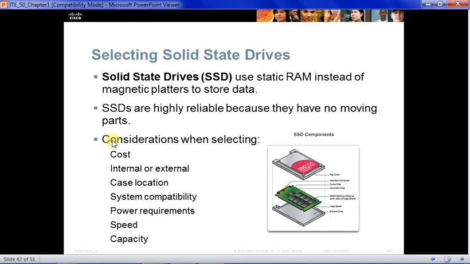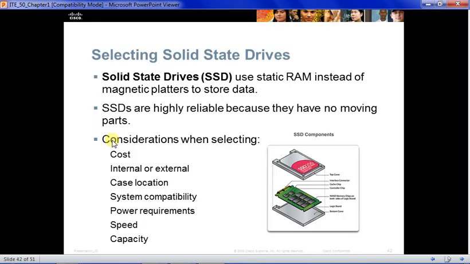You'll need to consider the case locations, the power requirements, and the speed and the capacity of these. They're usually going to take up less space, so you'll usually find them in advanced laptops today.